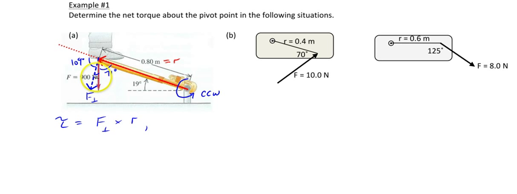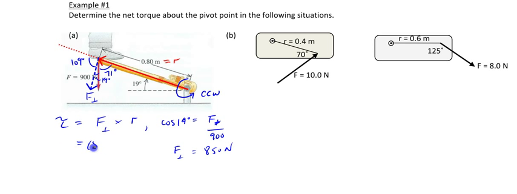This angle right in here would be 19 degrees, and so the cosine of 19 degrees would be equal to F perpendicular divided by the hypotenuse, which would be the 900 newton force. So F perpendicular would be equal to 900 times the cosine of 19 degrees, which is 850 newtons.